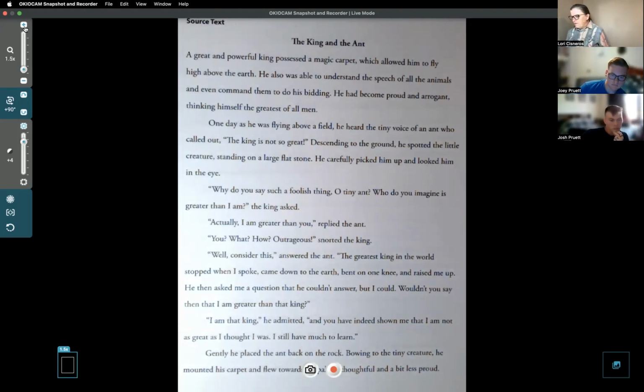"I am the king," he admitted, "and you have indeed shown me that I am not as great as I thought I was. I still have much to learn." Gently, he placed the ant back on the rock. Bowing to the tiny creature, he mounted his carpet and flew toward his palace, thoughtful and a bit less proud.